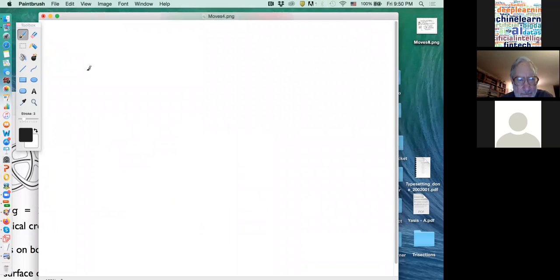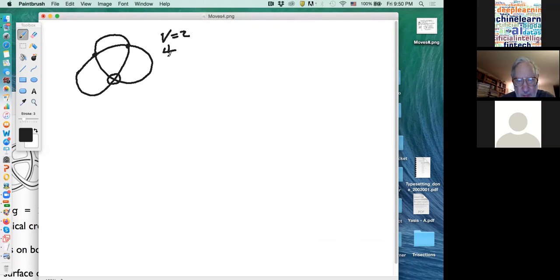The point is that if you have a virtual diagram, we're just talking about this as a graph, then you see that vertices is equal to 2. 4 times vertices is twice the number of edges.